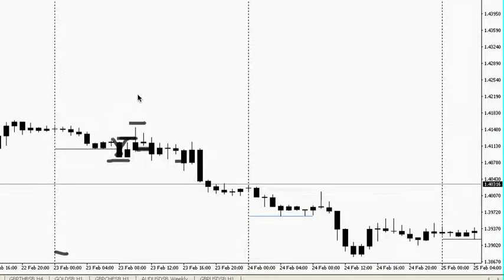Okay, so now we're just short from the high, we're looking for a long. Here's our long. Price reverses again, stops you out here, and you run down to the end of the day. So you've had one win and two losses. Okay, so probably a small loss on that day.